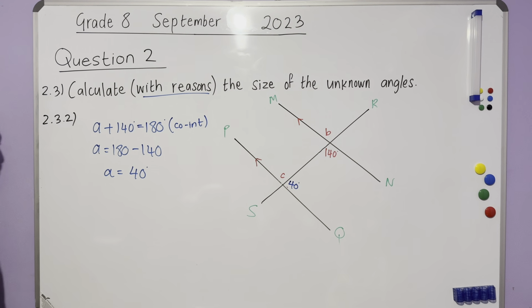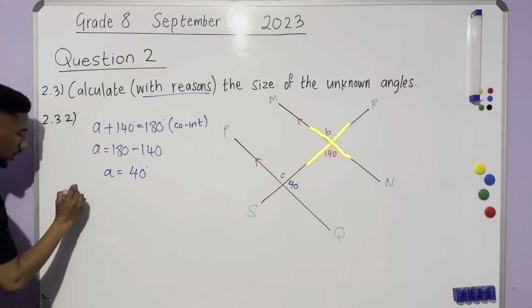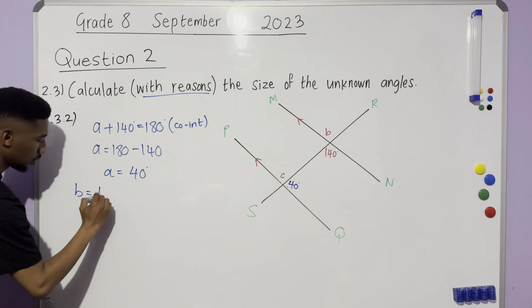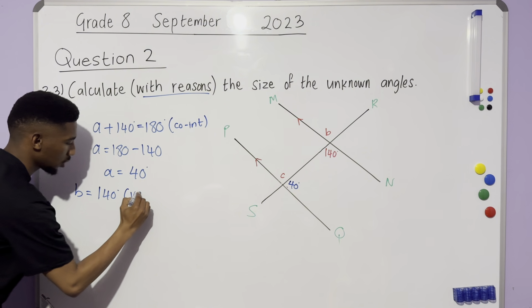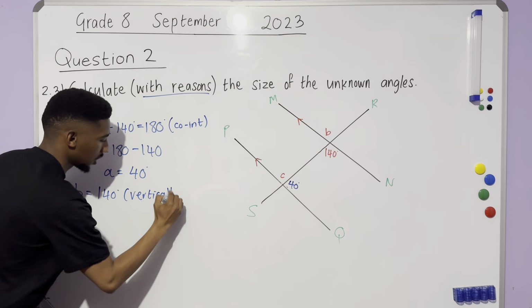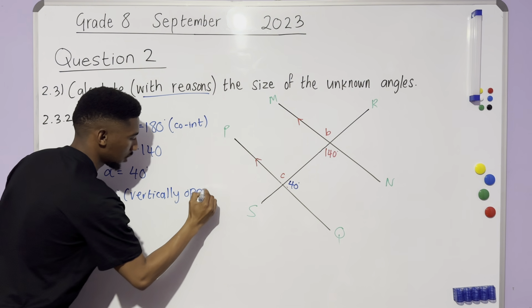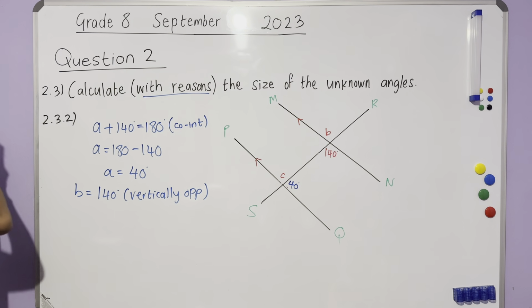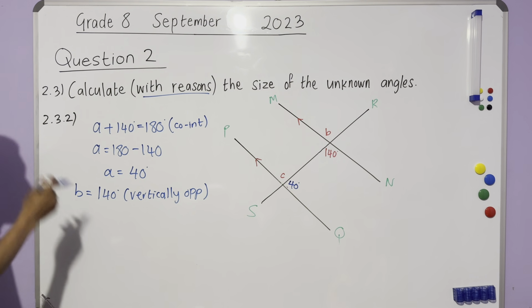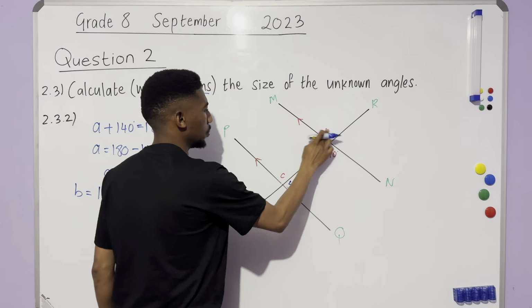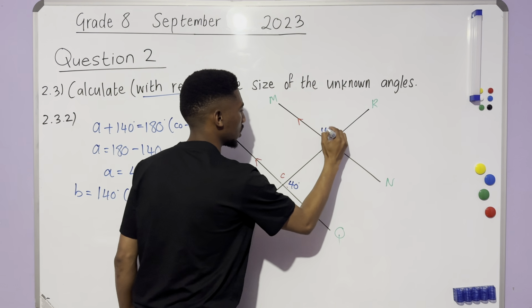B is quite simple. We can see that it is vertically opposite. So B is equal to 140 degrees because the angles are simply vertically opposite. And then for C, there's a few ways to do C. We know B now, it's 140.